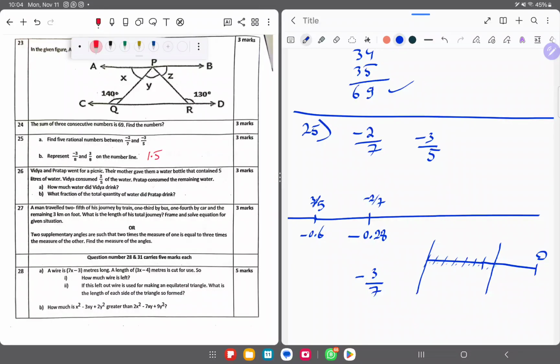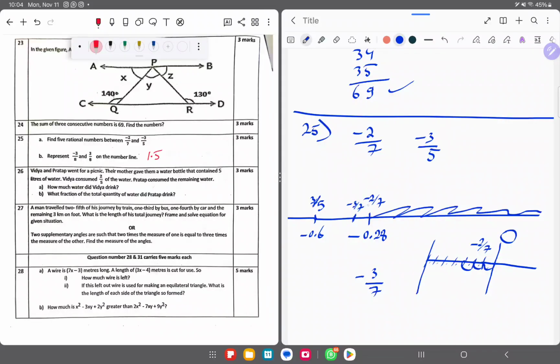Minus 2 over 7 is here. If I did 3 over 7, it's further, so it's in between. It's not to the right, it's somewhere here.